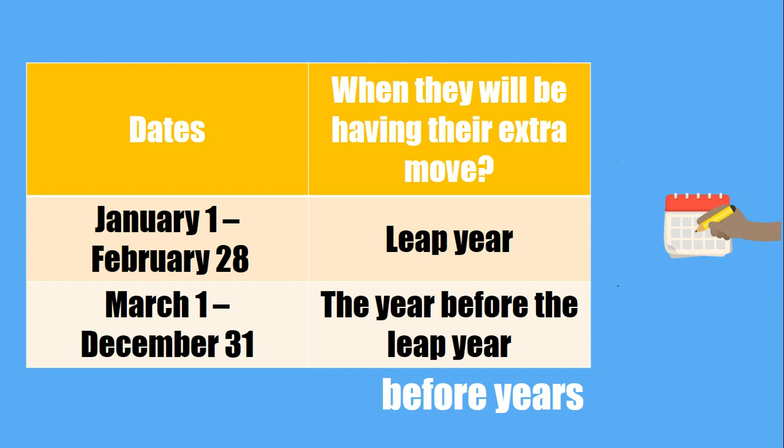So for before years, if we're going to backtrack, we're going to look at the past, we're just going to consider the leap year for January 1 to February 28. And then for March 1 to December 31, the year before the leap year.